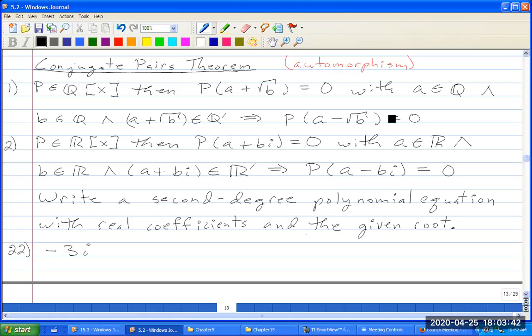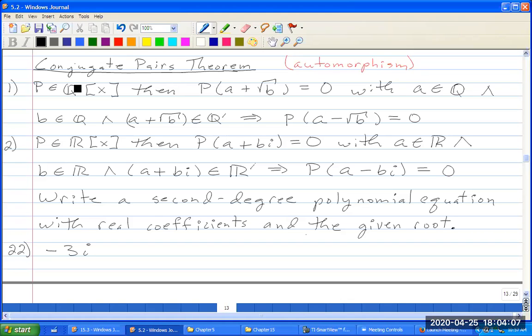So notice that this automorphism, changing the sign of the second object, really doesn't do anything to the rational numbers.